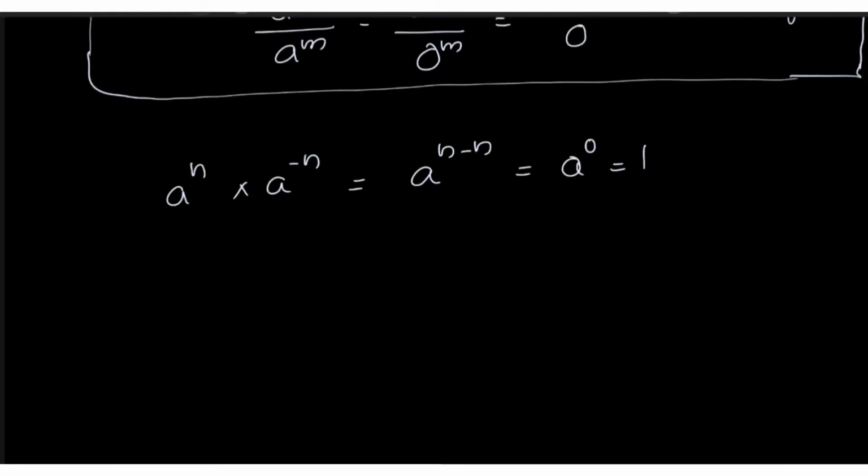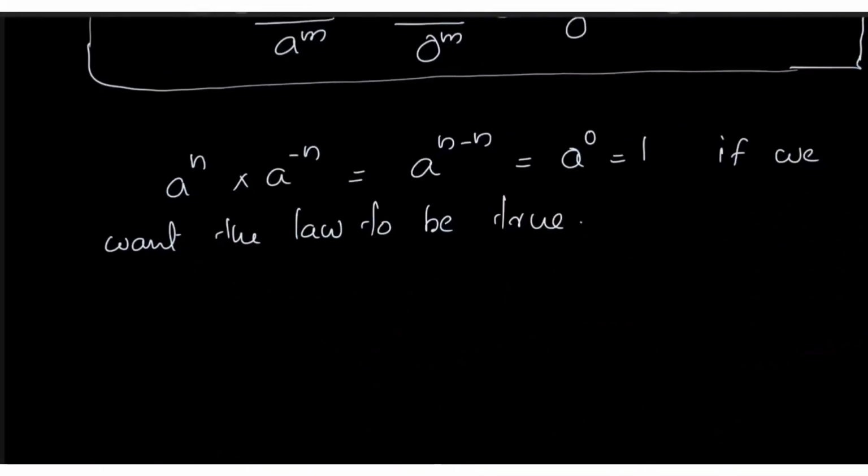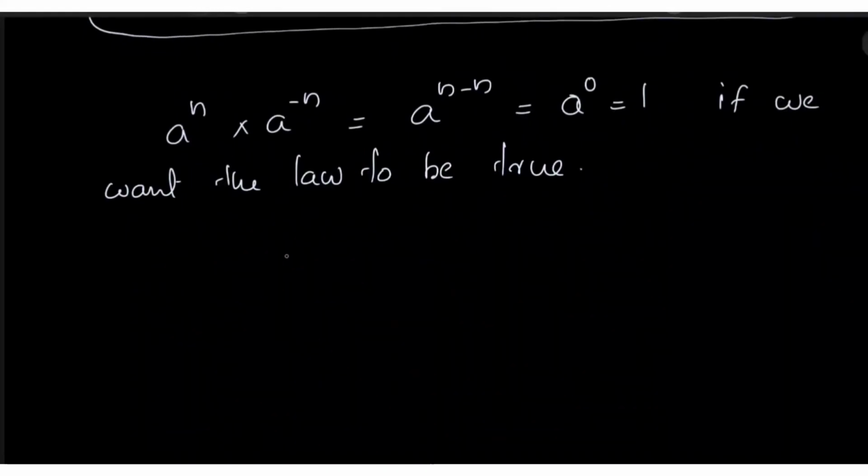From this, again, we get a raised to 0 equal to 1. If we want the law to be true, a raised to minus n must be equal to 1 by a raised to n.